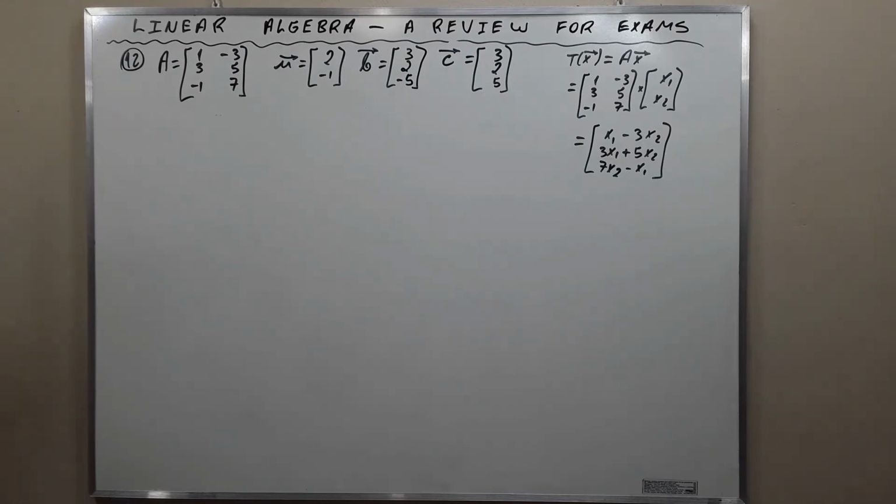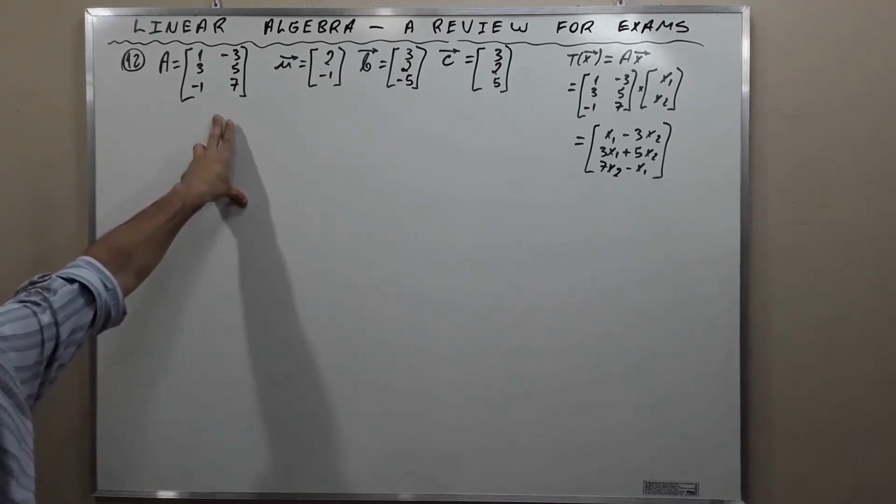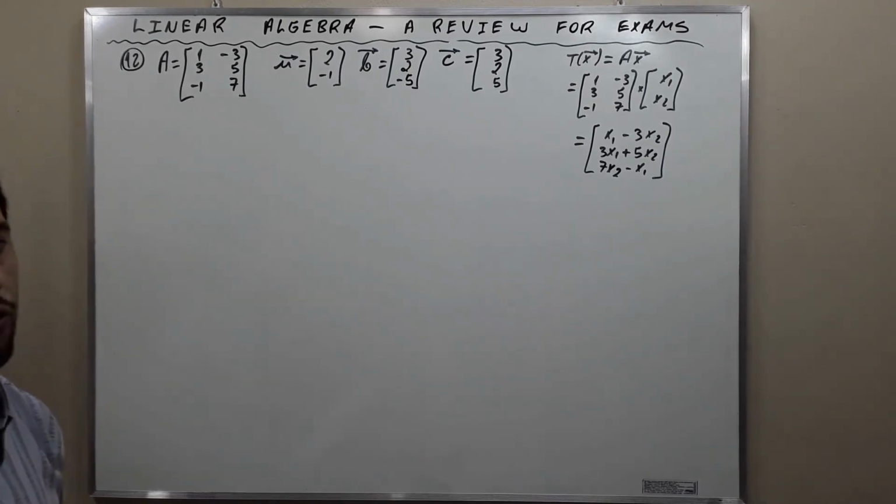Vector C is in the range of the transformation if C is the image of any kind of vector. All right? This is what being in the range of a transformation means.